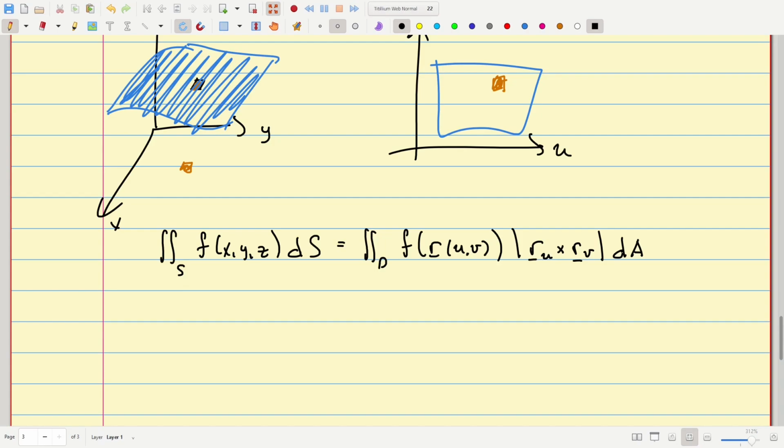Now, written in less scary notation, we actually are going to have to compute the cross product here. There's no short form formula for it.